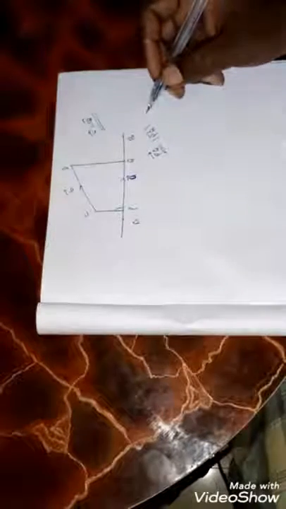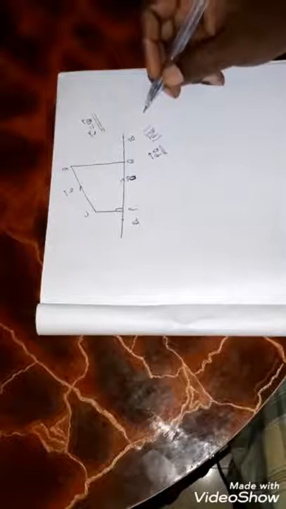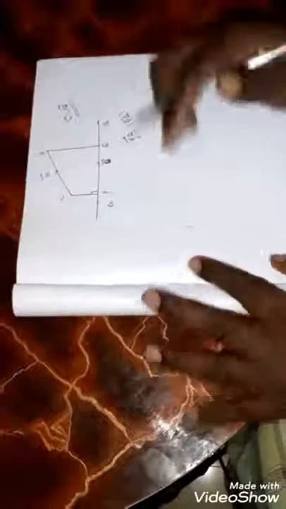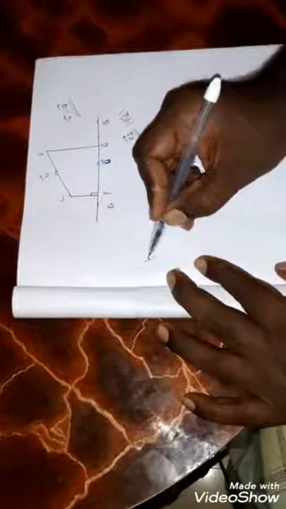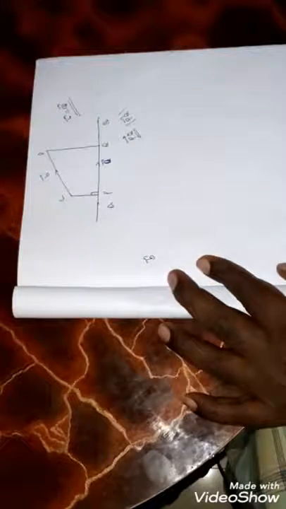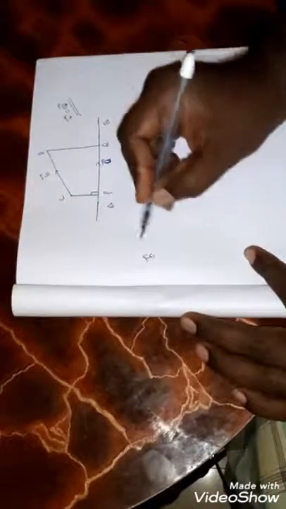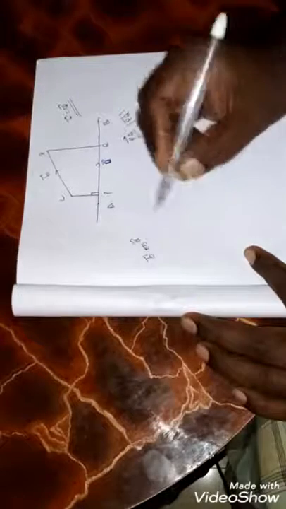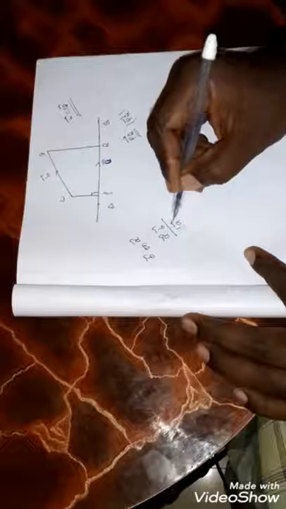Now further, how to find PQ bar? Here I have given the detailed notes. Observe here, you should remember: the projection of B bar on A bar is given by A bar dot B bar by modulus of A bar.